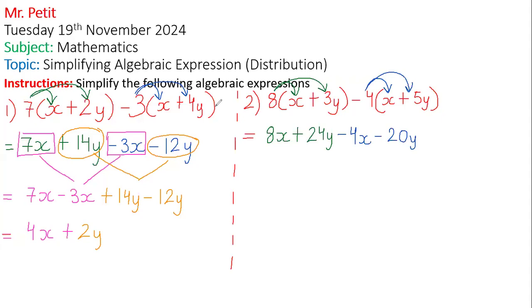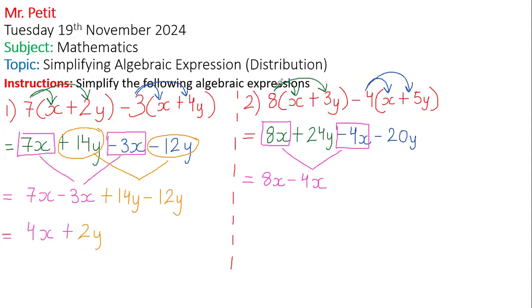So it's going to be 8x minus 4x. So we have to bring them together, right? It's 8x minus 4x.